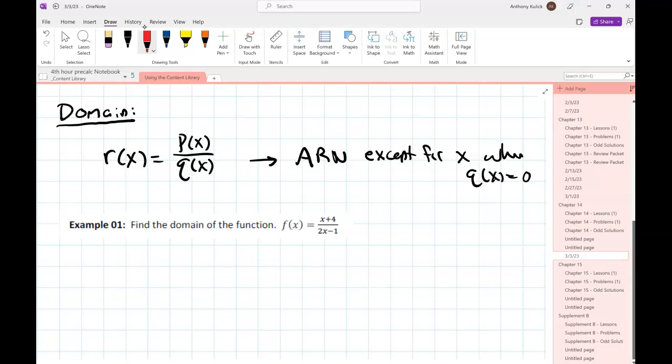Both of those polynomials? Definitely, right? They're just linear mx plus b's, definitely polynomials. So all I need to do is take the denominator and set it equal to 0 and figure out the value for x that makes the denominator equal to 0. So we'll add 1 to both sides and divide by 2 and I get 1/2. So my domain then is all real numbers except for 1/2.